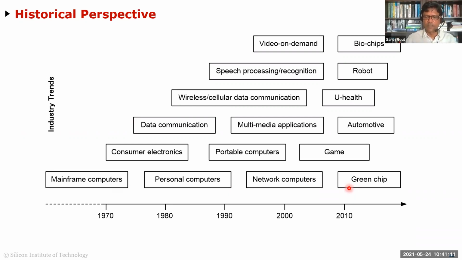The vertical is everything else, from multimedia applications to wireless cellular data, speech recognition, video on demand, biochips, IoT. Automotive is obviously a big driver for this technology, but automotive moves at a very slow pace because of safety reasons. Health is the same thing, there's a lot of regulation involved. So they move at a much slower pace, but they also drive some part of the technology.